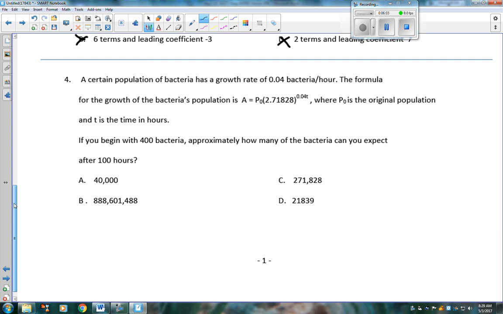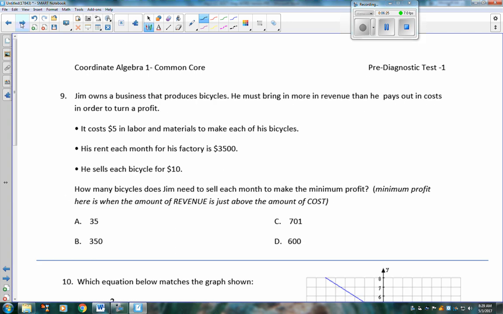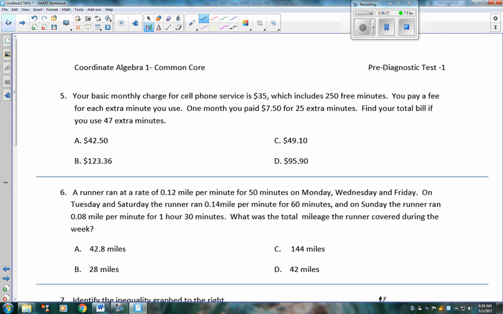You're going to plug in 400 for P sub 0, and 100 goes here. So when you plug that into your calculator, what do you get? D. Alright, number 5.